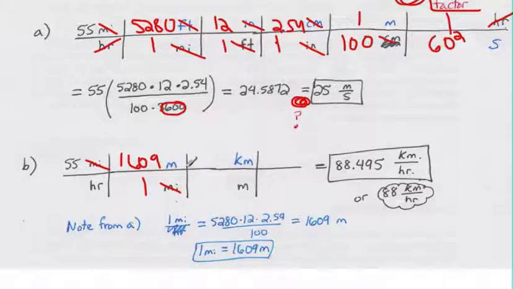But I wanted kilometers, so I'm going to put the meters down there in kilometers. Then I know that 1 kilometer is 1,000 meters. And those cancel, and you get kilometers. And we're already in hours, so you just do that little guy, and you get 88. 88, right? Not 88.495 if you think about significant figures.